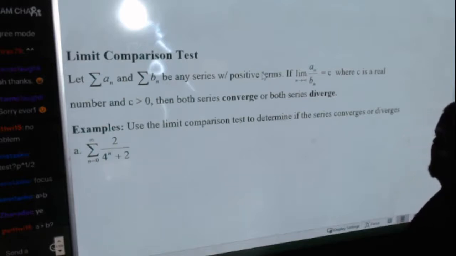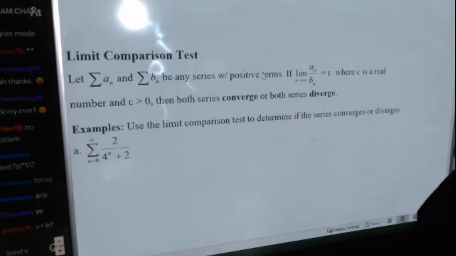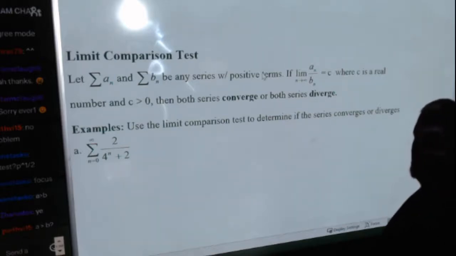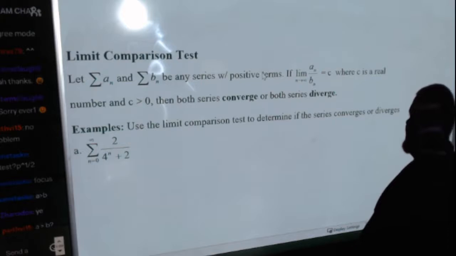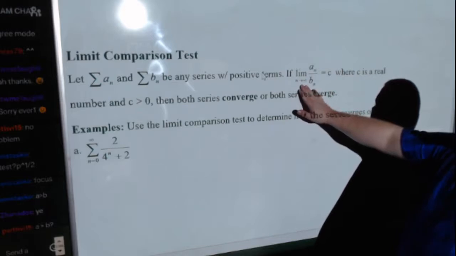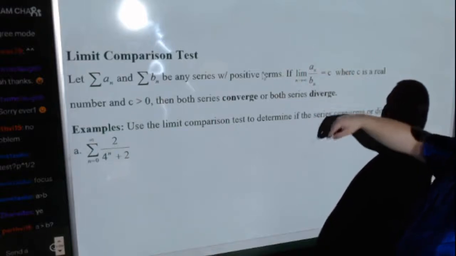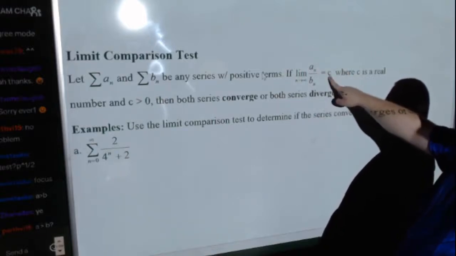Now it states that we have any two series that have positive terms. Again, B sub n is the one that we're going to come up with using the dominant terms.